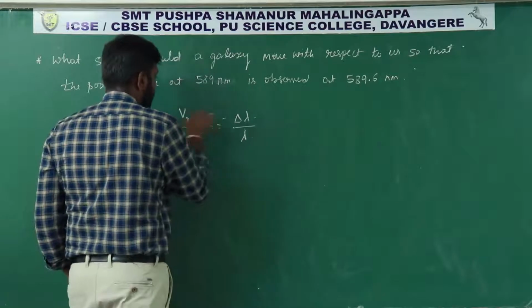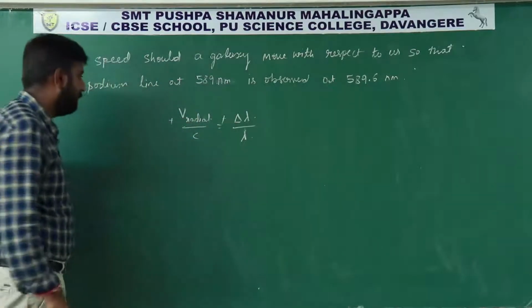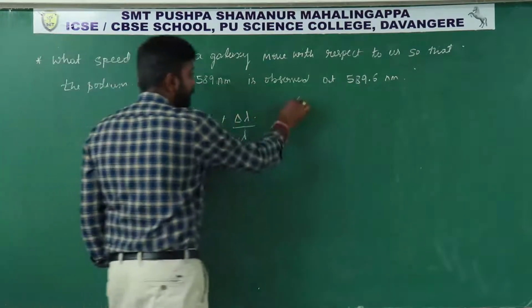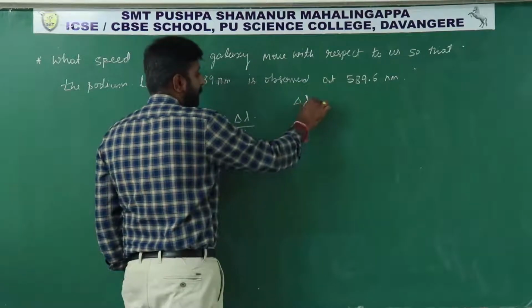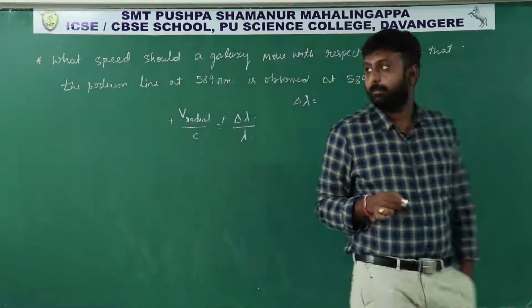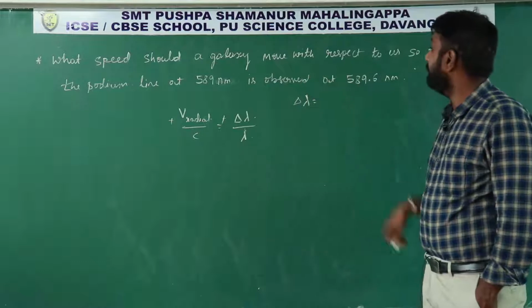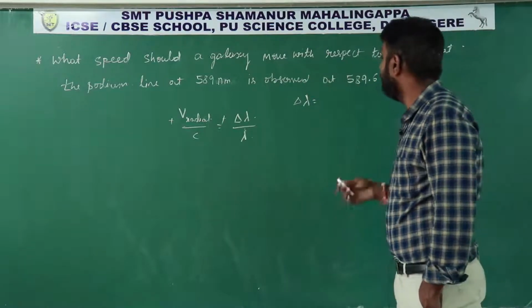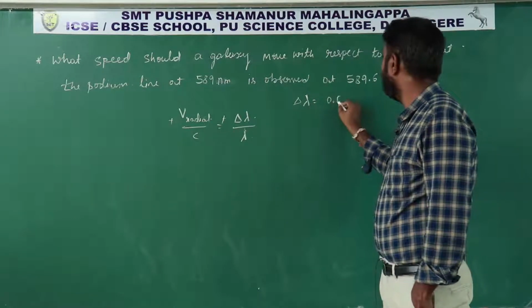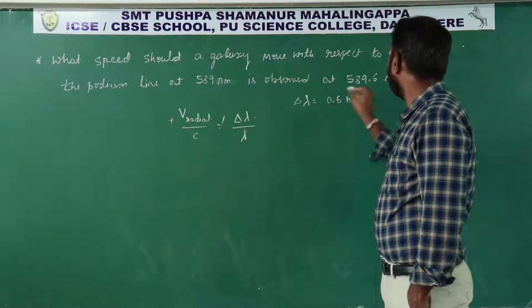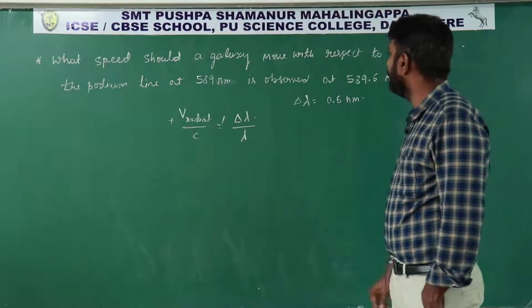Here minus and minus will get cancelled. So what is the change in wavelength? This change in wavelength, delta lambda, 589.6 nanometer minus 589 nanometer, means you will get 0.6 nanometer. This is the change in wavelength.